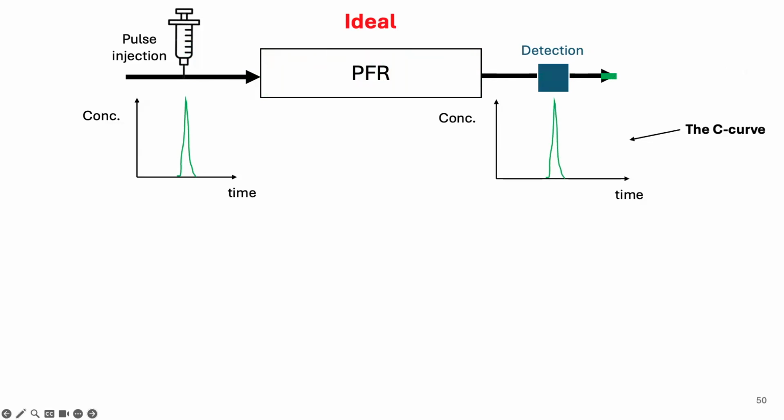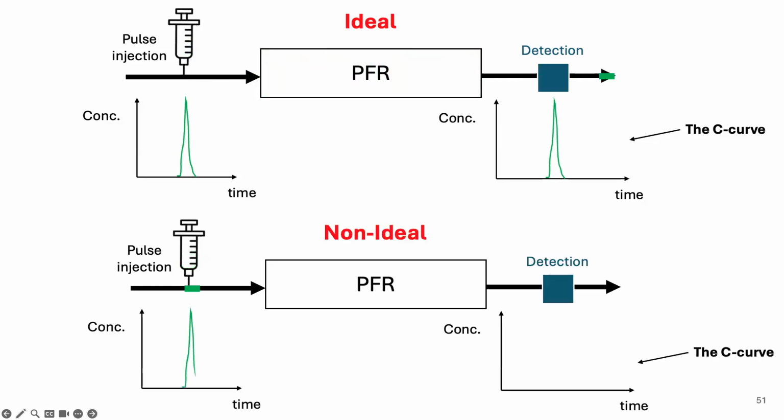On the other hand, if we have a non-ideal PFR and we introduce our spike, as that flows through the PFR, we'll have forward and backward mixing along the axis, as a result of diffusion or other effects. And so what comes out, some molecules will come out ahead of our would-be spike, and some will come out behind the would-be spike, spending less or more time in the reactor, respectively.